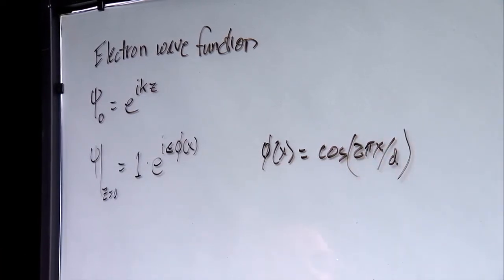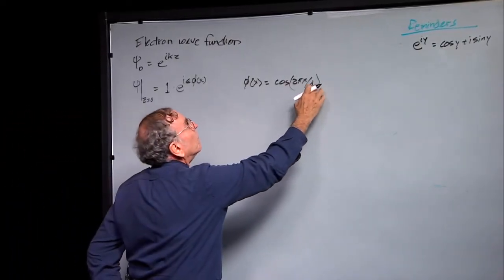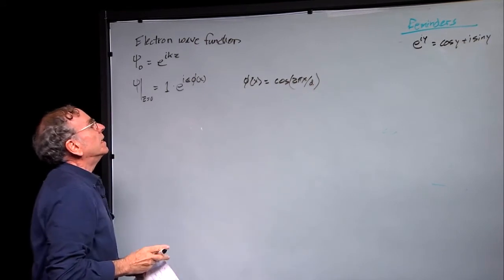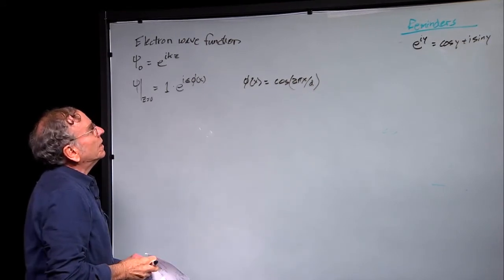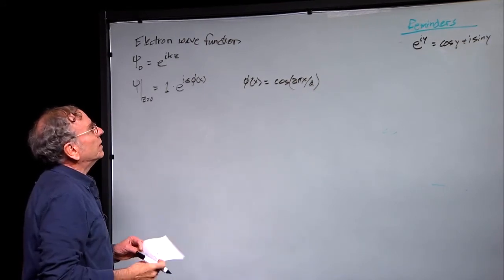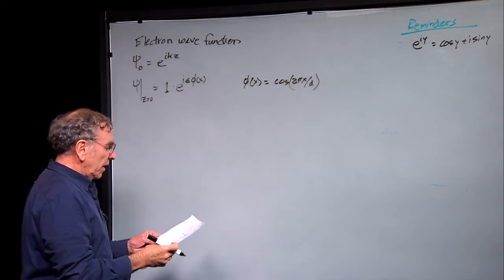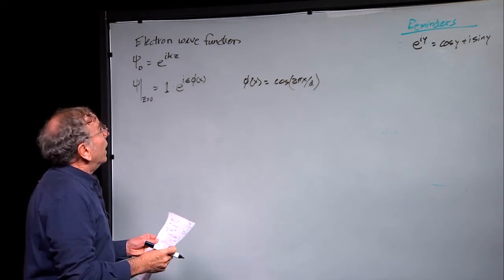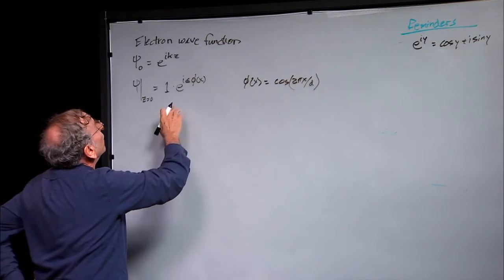So it's a periodic cosinusoidal phase perturbation with periodicity d. And in these examples, in my simulations, I've put d equal to 5 angstroms.